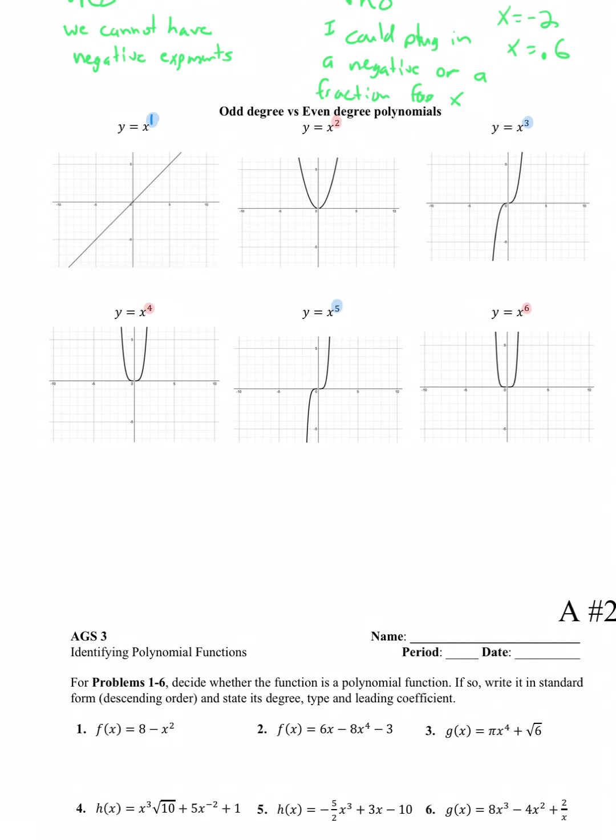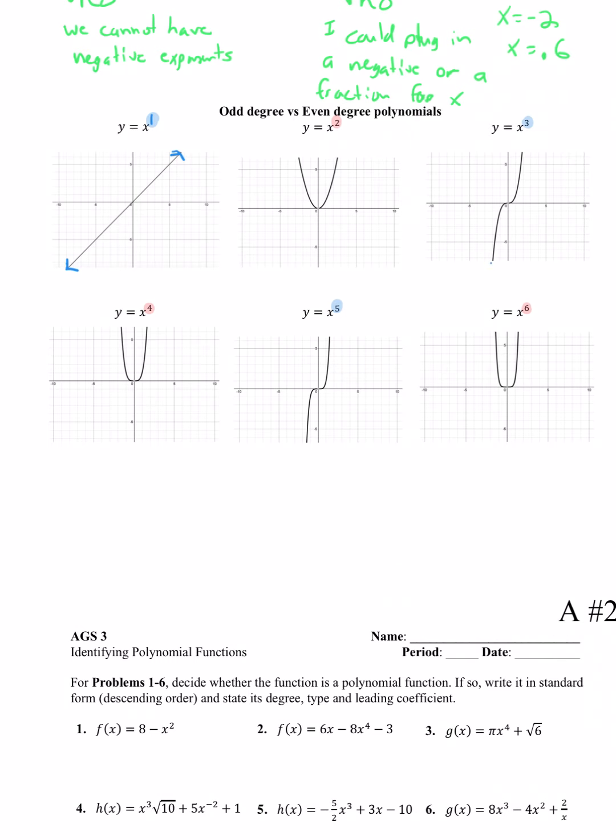You might notice there's something different about the graphs for odd versus even degree polynomials. What do we notice that's different about these two?